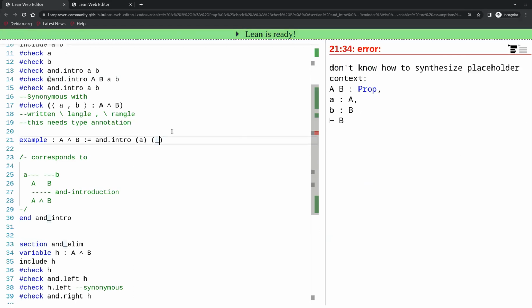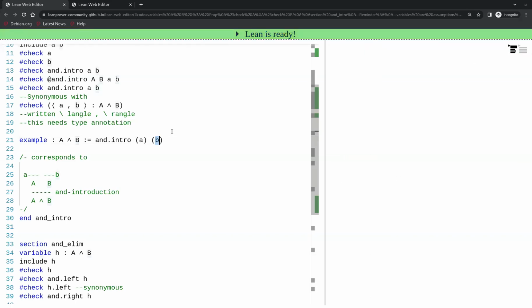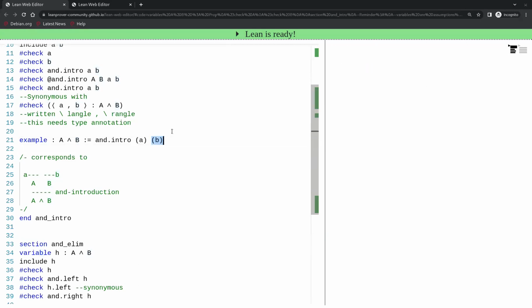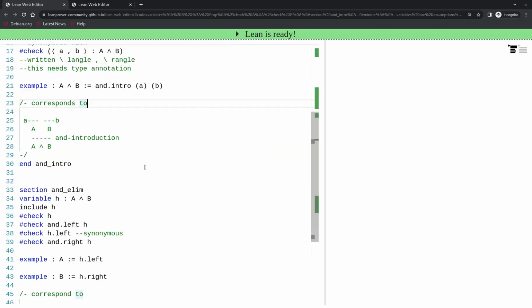And here we have a proof of B that we can just insert here. But typically these expressions will be longer, these proofs of A and B separately, so we put them in parentheses so that Lean understands what we are telling it. This concludes our study of the introduction rule for AND.